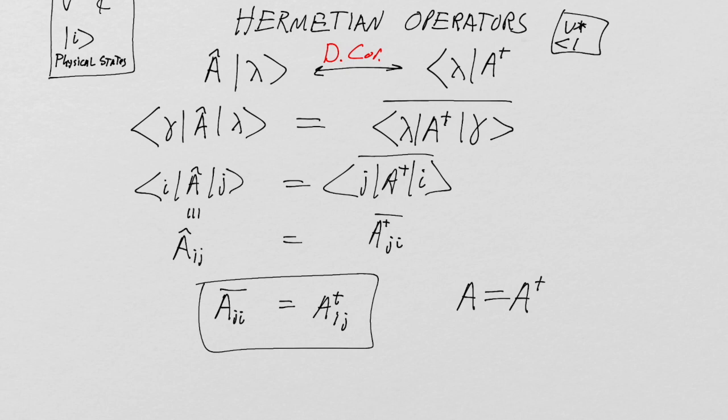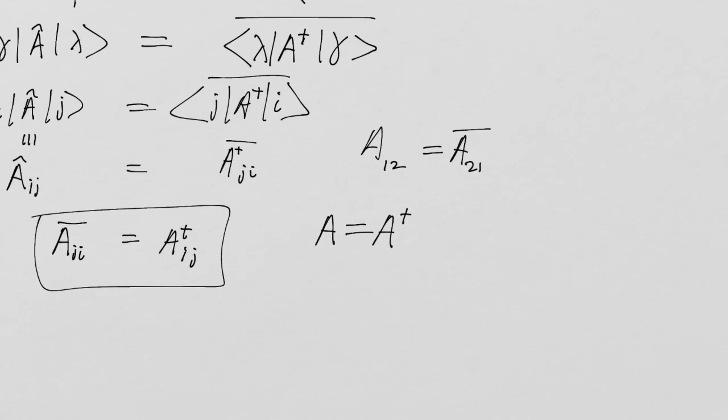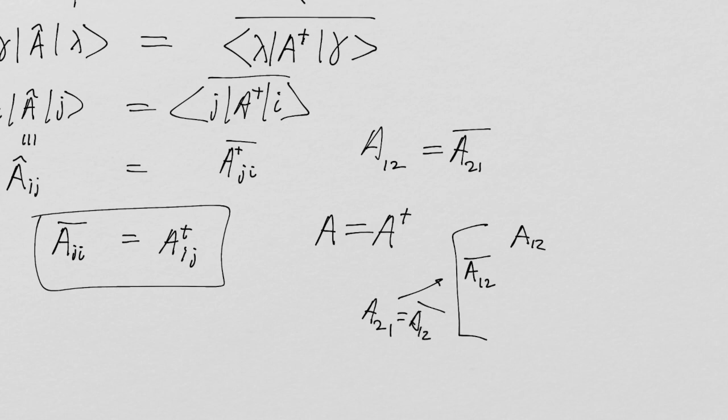So it must be that A12 equals A21 conjugate. So every position in the associated matrix for A, this is A12 here, so this has to be A12 conjugate down here. Normally that is the slot for A21. So A21 equals A12 conjugate, and that has to be true for everything.